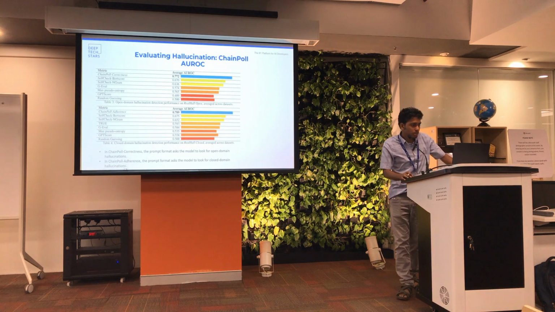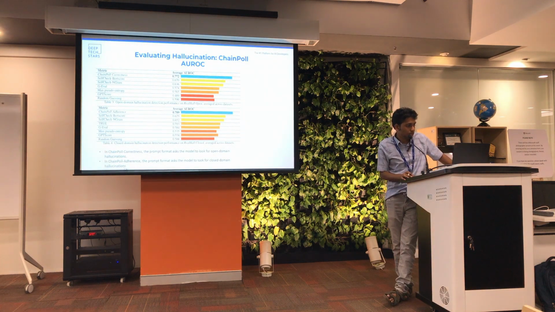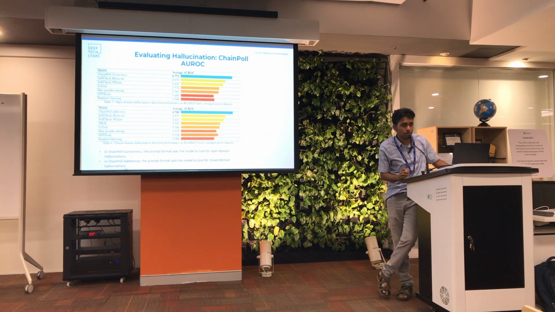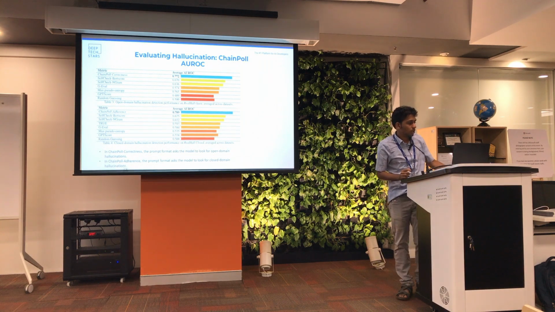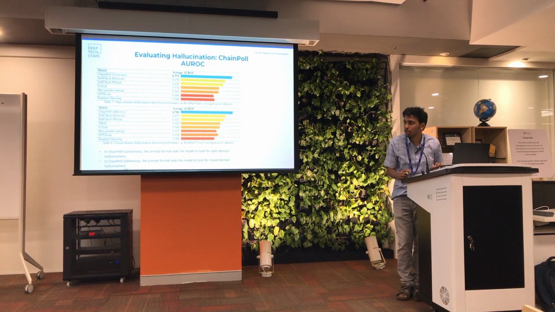Yeah, so these are the scores that we got. It's said that ChainPoll is state of the art right now, and it has an average AUROC of 0.772, and it's better than the SelfCheck model that I showed you before.